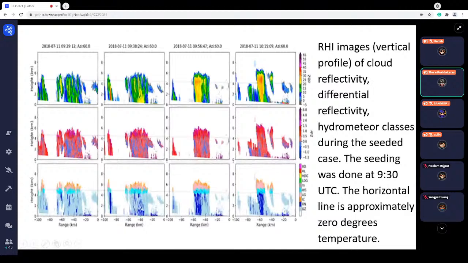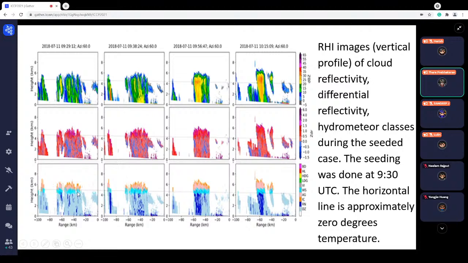Seeding time was around 9:30 UTC, and this is 9:29, and then 9:38, and we made these RHIs across this region. So we could indeed see some of the clouds made precipitation, and then something interesting happened here.